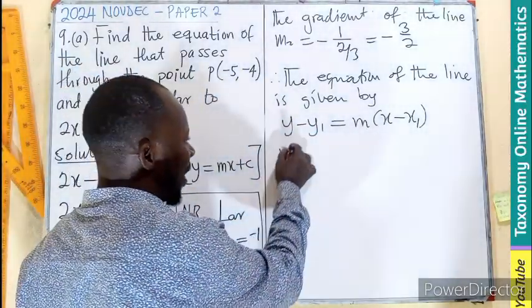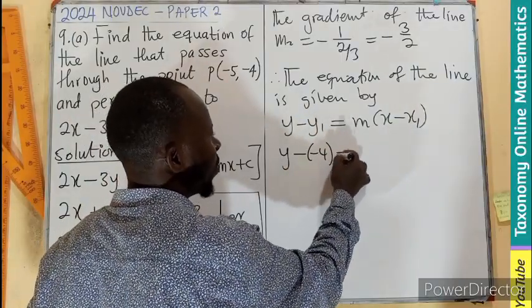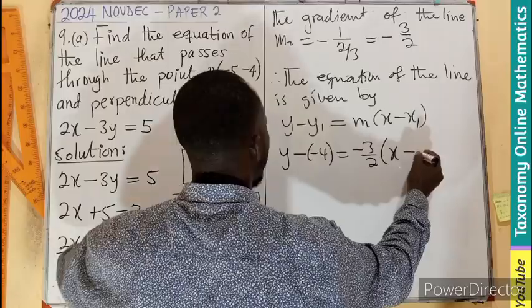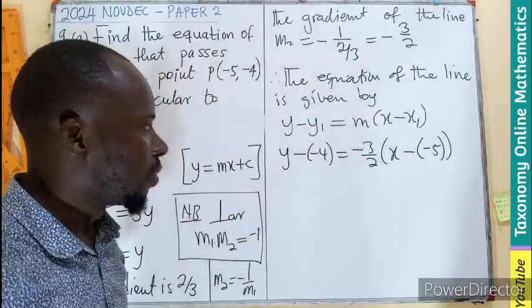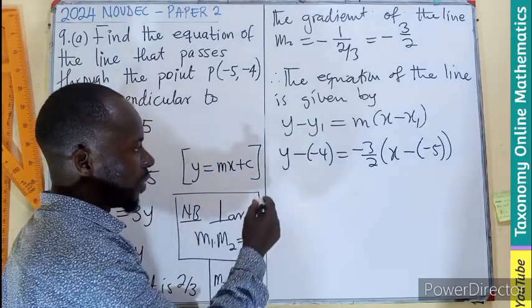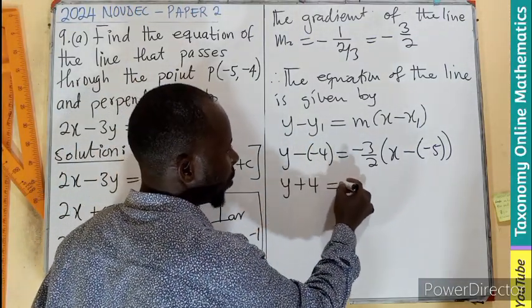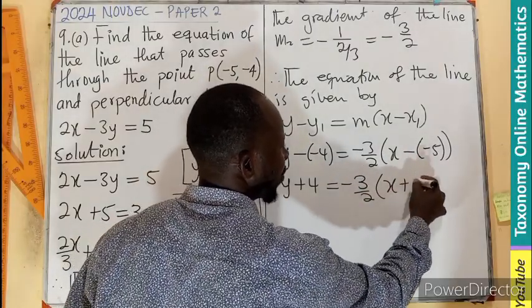So I'll have y minus y1, which is -4, equals m, which is -3 on 2, times x minus -5. Upon the substitution, we can see that the negative becomes plus: y plus 4 equals -3 on 2 times x plus 5.